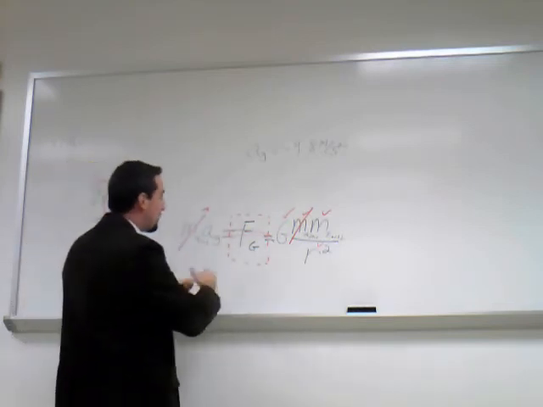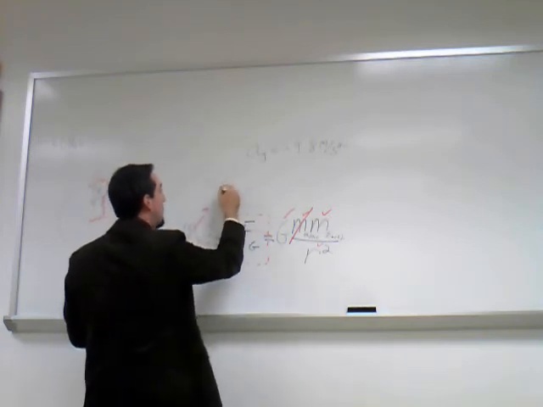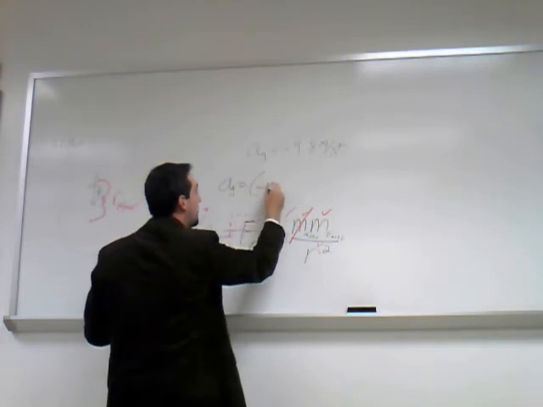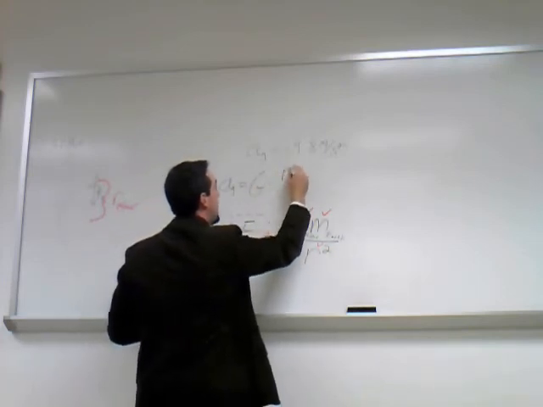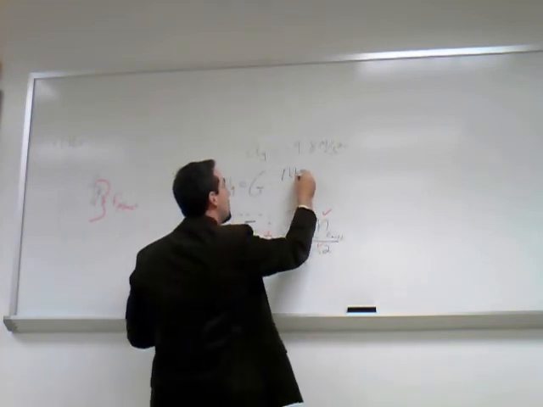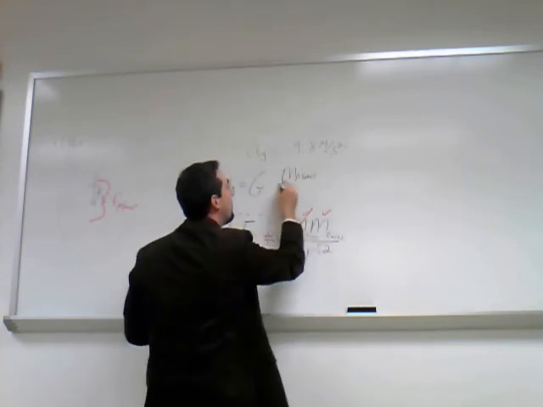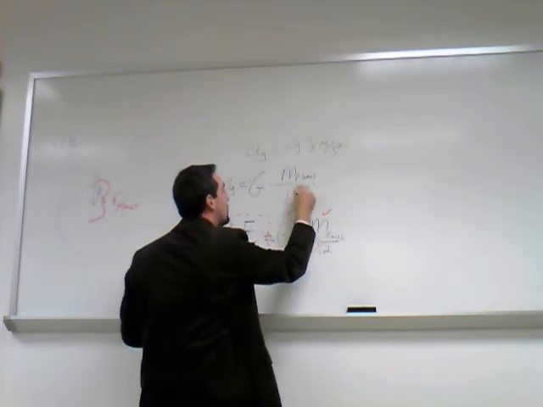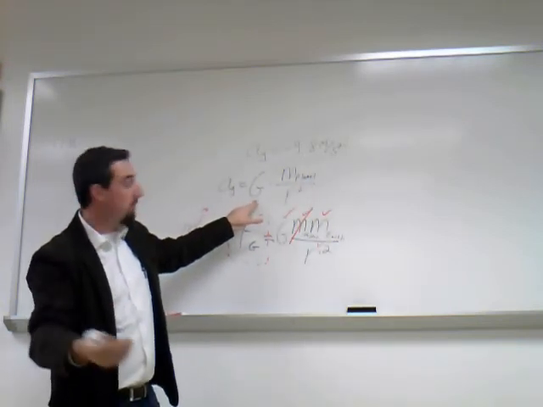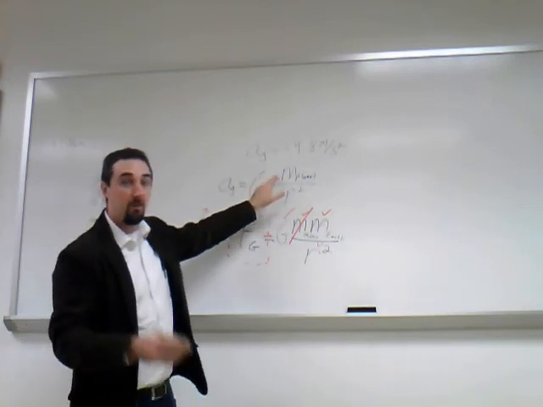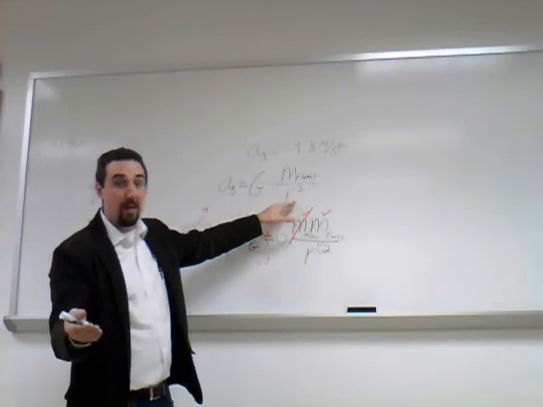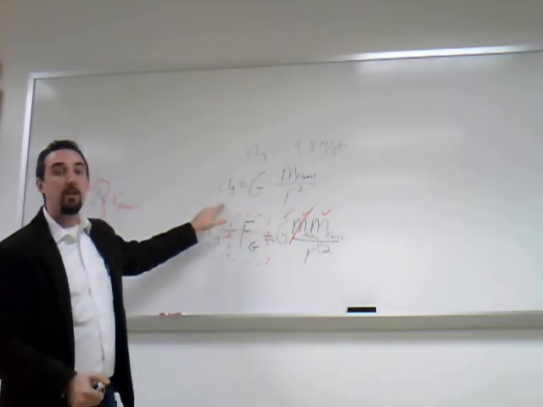But if I rewrite this formula, I get AG is big G times the mass of my planet. I had Earth, but you'll have a different planet, over R squared. If you know big G, which you do, and you know the mass of your planet, which you found out, and you know the radius of your planet, which you found out, then you know AG.